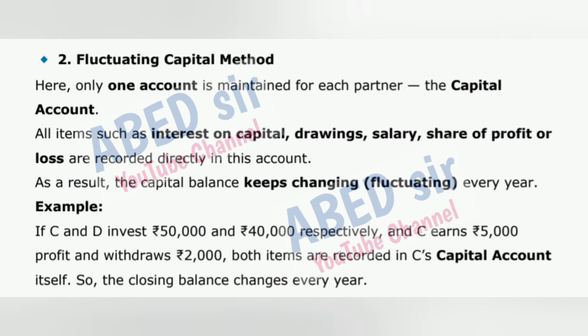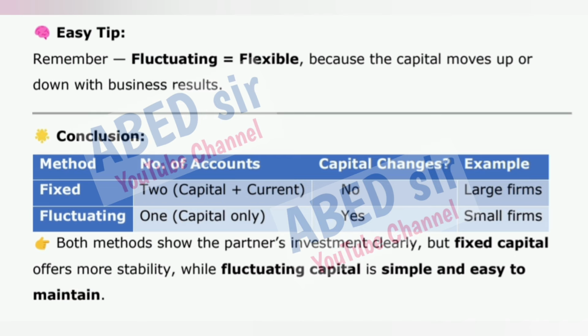Example: if C and D invest 50,000 rupees and 40,000 rupees respectively, and C earns 5,000 rupees profit and withdraws 2,000 rupees, both items are recorded in C's capital account itself. So, the closing balance changes every year. Easy tip: remember, fluctuating is equal to flexible because the capital moves up or down with business results.